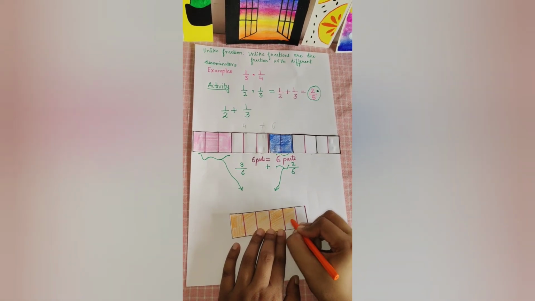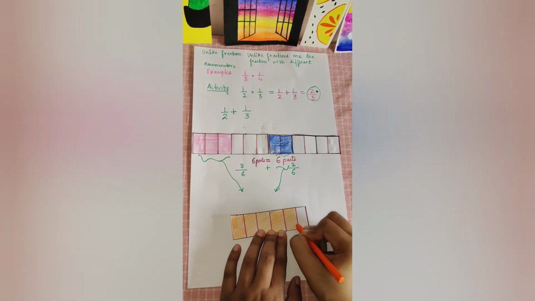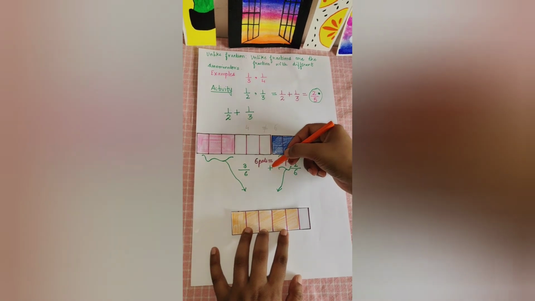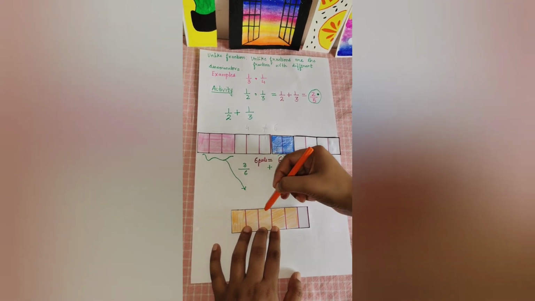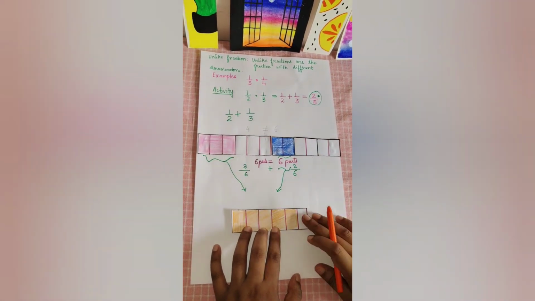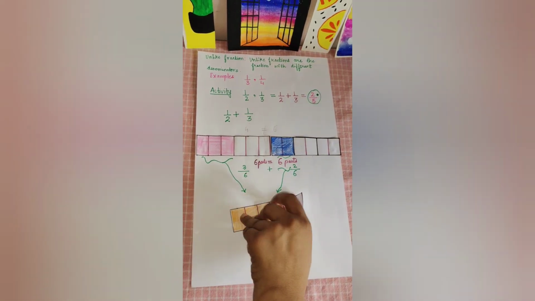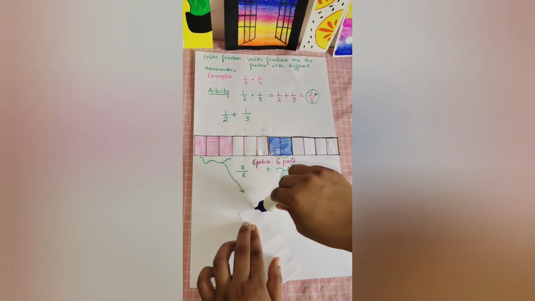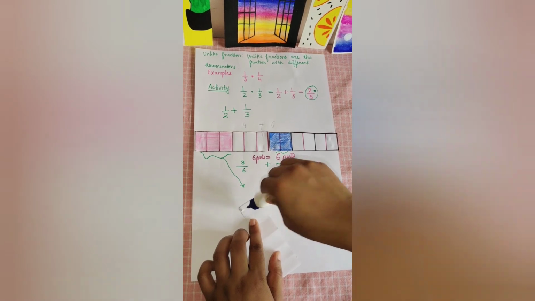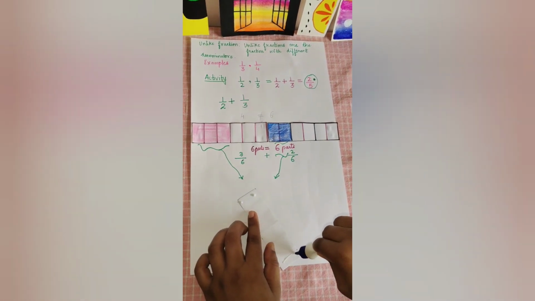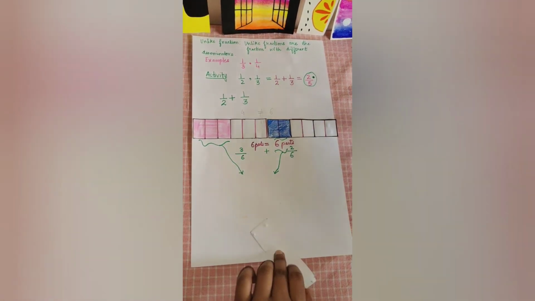Let's quickly find out what we have got, because at last we have to add 1, 2, 3, 4, 5. We have got 5 total parts out of 6. So accordingly we have to shade. Now I'm going to paste it here.